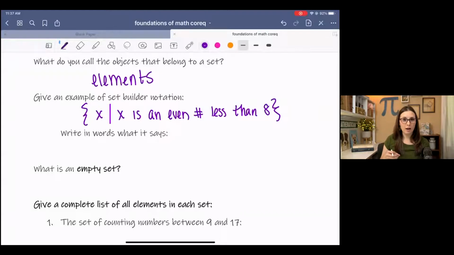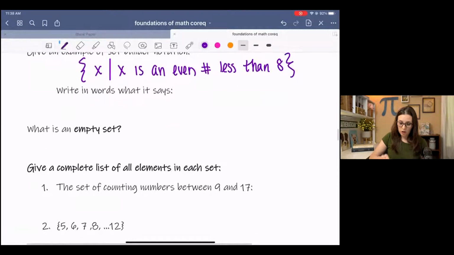You have to have the little curly braces to show that it is a set. You name the variable X, and then you describe the variable such that whatever. And you can use anything here. It doesn't have to be X. It can be A, B, C, Y, Z. It can be anything. And in words, just so that when you're going back and looking at notes, you can remember how we said that.